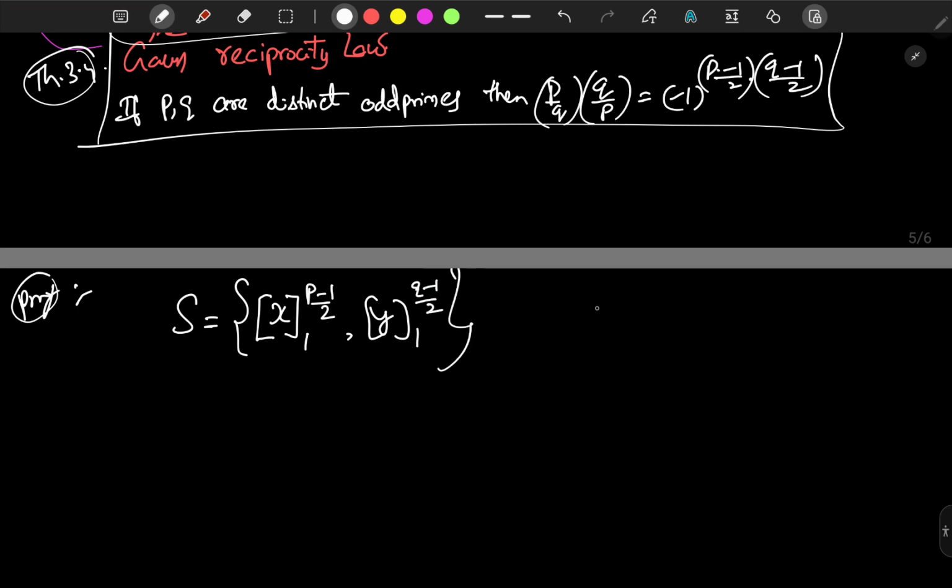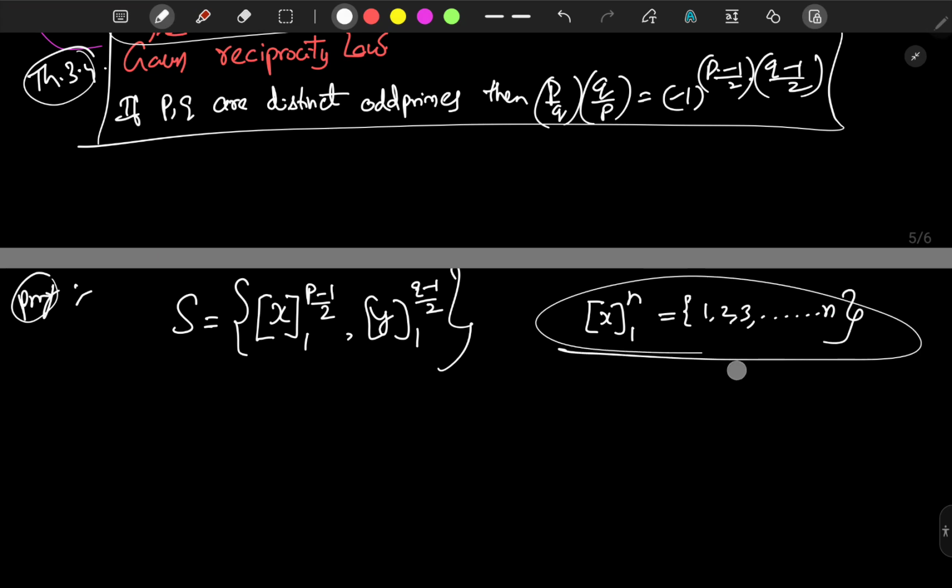What I mean to write here is, if you see any textbook, like graph theory textbooks, there is a standard notation. It represents all the numbers 1, 2, 3, 4 and so on up to n. It is the set of all the numbers from 1 to n.